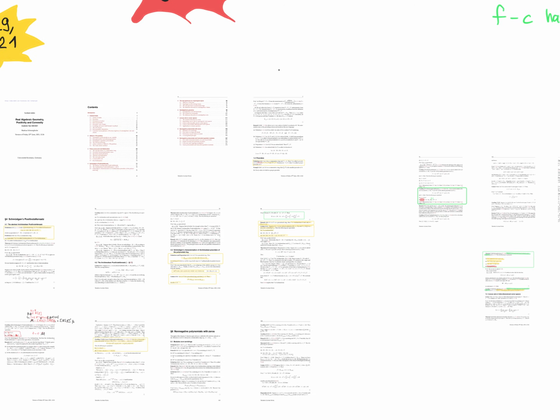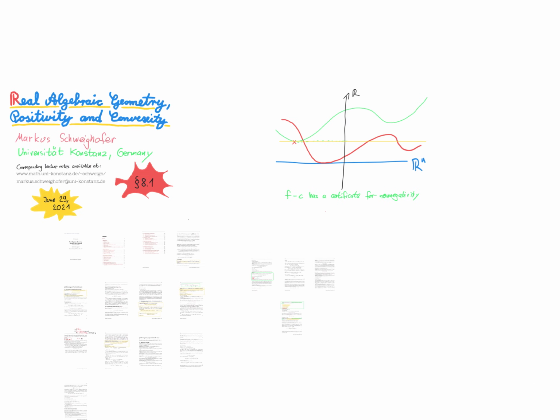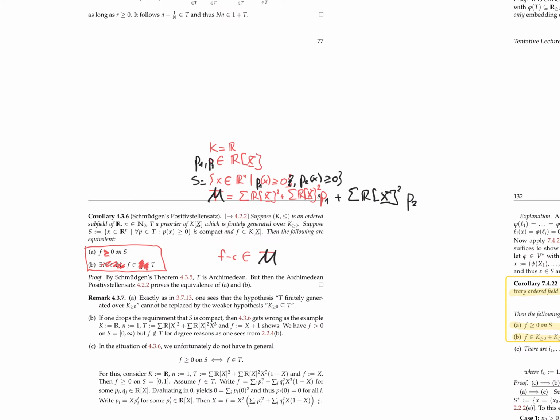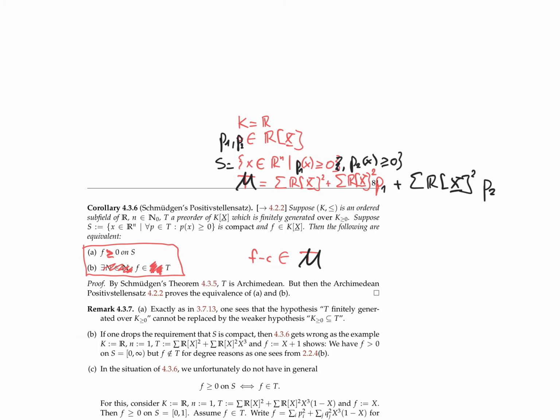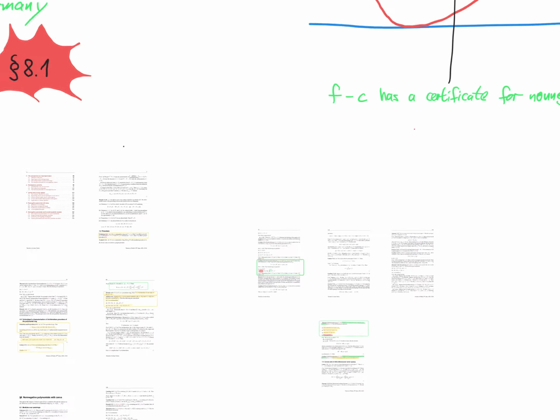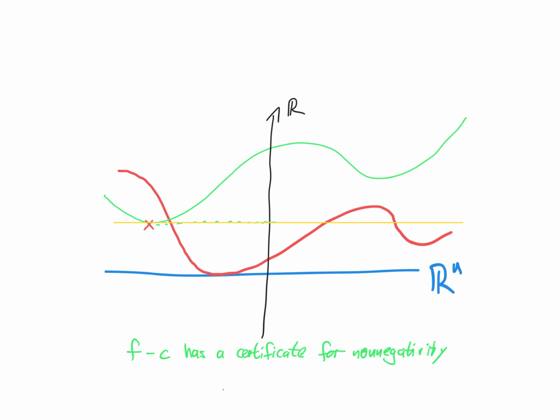And that means we would have to find certificates, perhaps denominator-free, perhaps with quadratic modules instead of preorders, that are actually valid for non-negative polynomials, especially for non-negative polynomials with zeros, because if we don't have zeros, then we have again a positive polynomial.